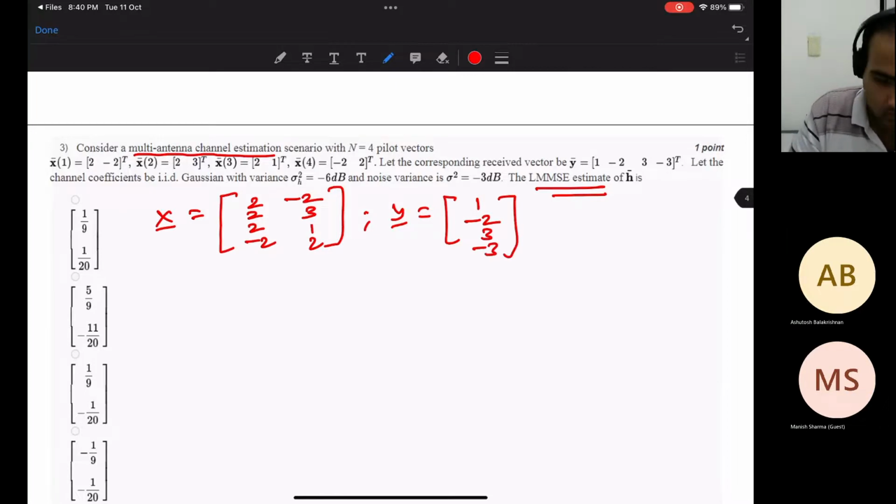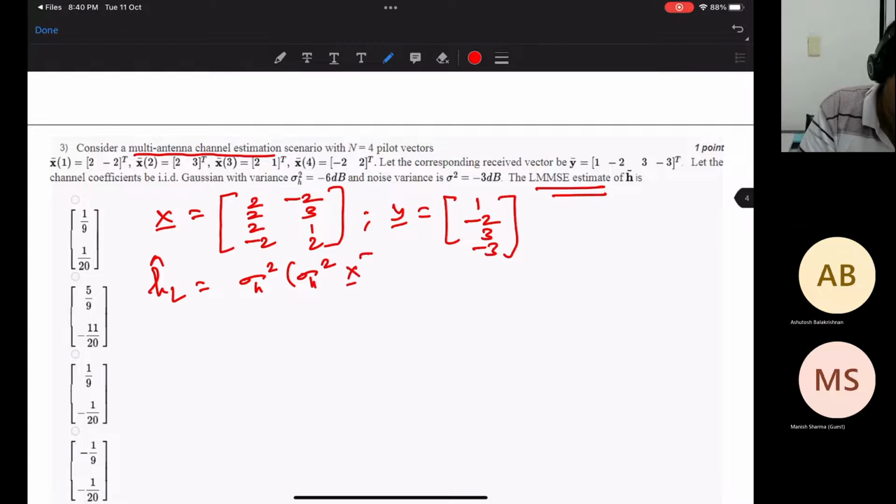So what is my LMMSE estimate? H hat LMMSE is sigma h square, sigma h square x transpose x plus sigma square I, inverse, x transpose y. Let's solve this expression.